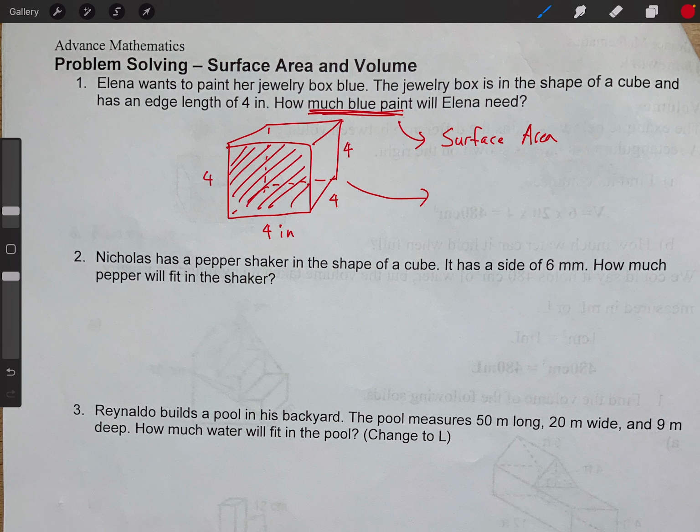This is 4 by 4, it's a square. So the area is 4 times 4, which is equal to 16. That's one face. All of the other faces are also 16, and we've got 6 faces. So 6 times 16, and you get the answer in inches squared. Multiply that, and you get the surface area.